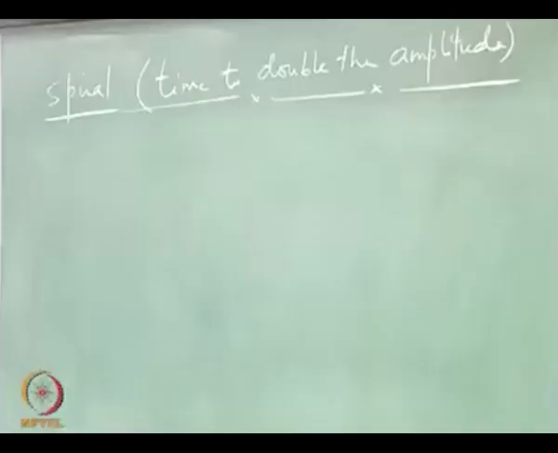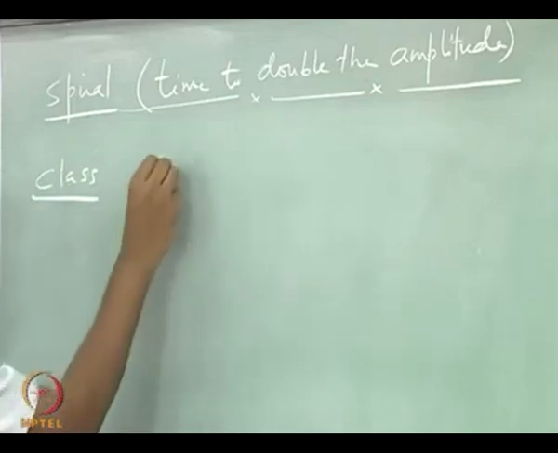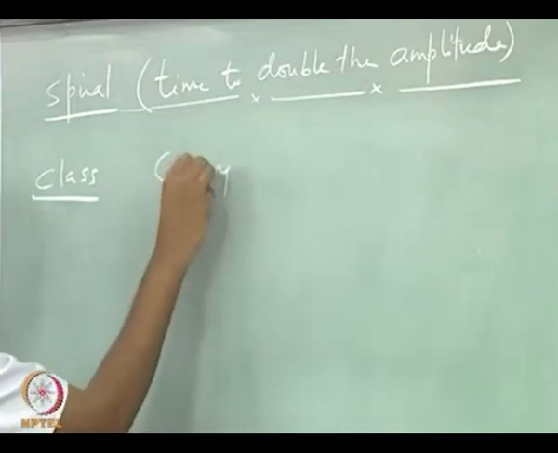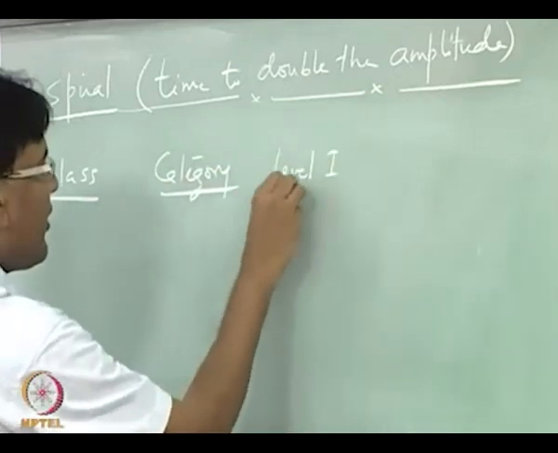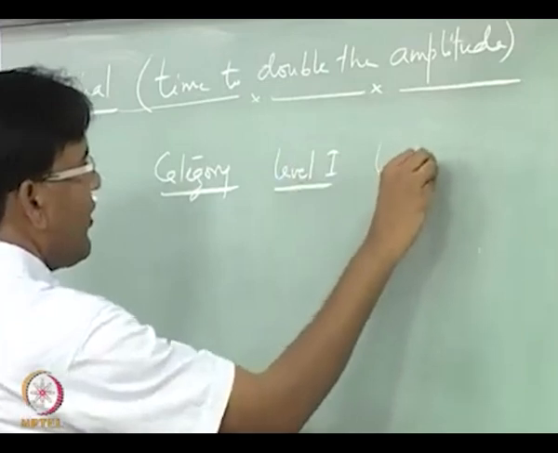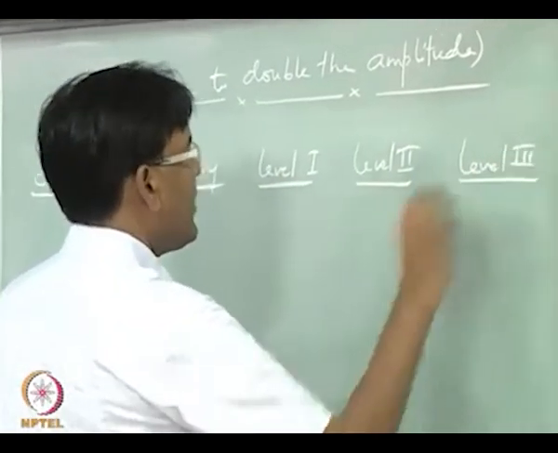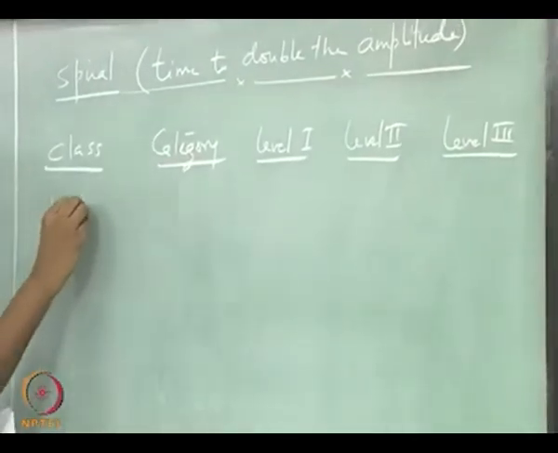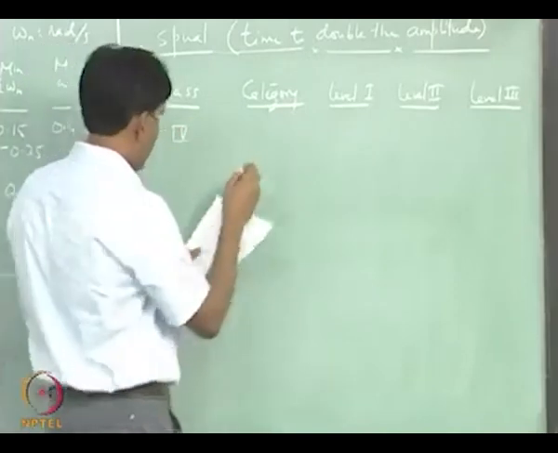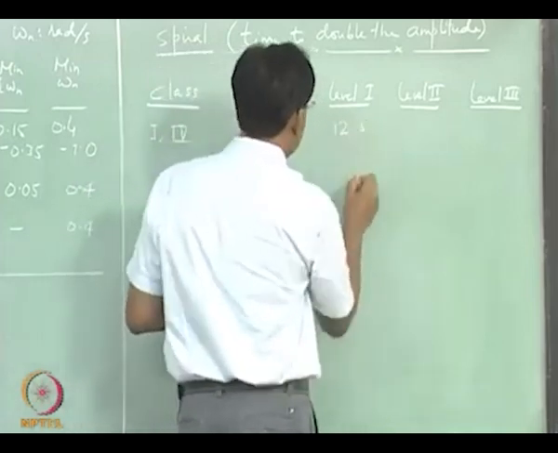If it is unstable, then we have to look at these numbers. Class, category, level 1, 2 and 3. Seconds.